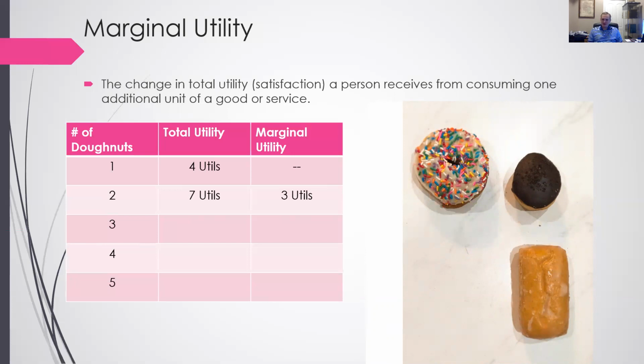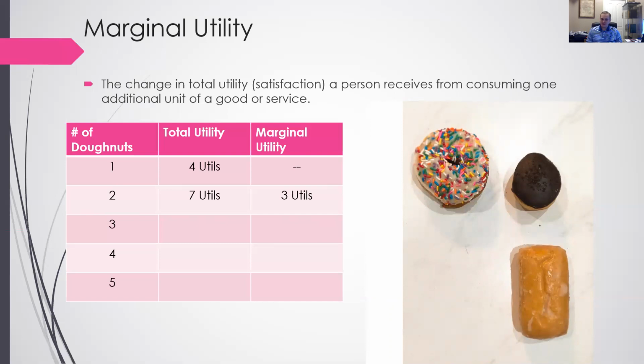That marginal utility, again, can be found by taking the 4 utils from the first donut and subtracting it from the total utils from consuming 2 donuts. So 7 utils minus 4 utils gives us 3 utils.